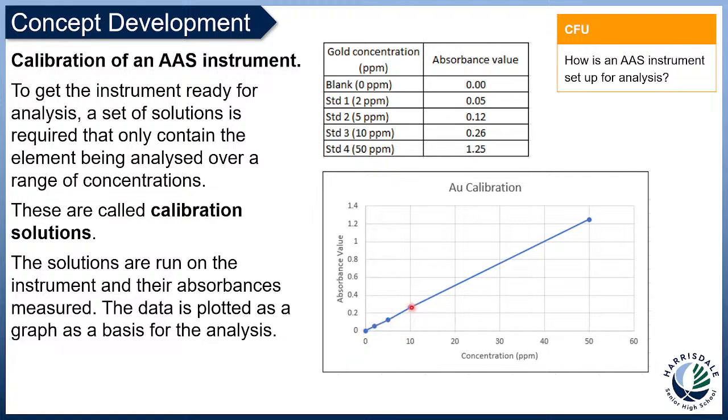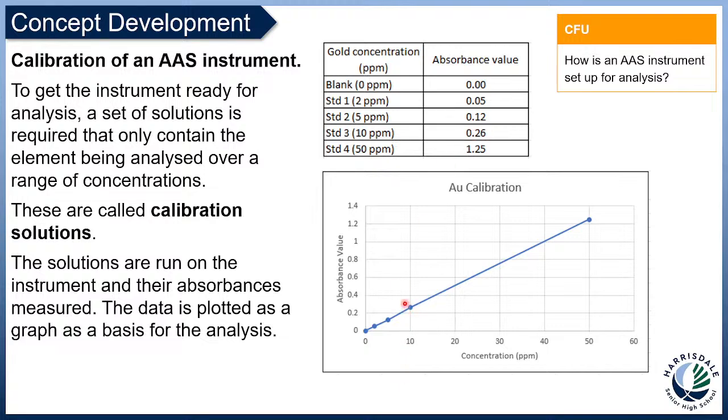But you're going to have a few points of known concentration. You know for a fact that this is 50 parts per million, this is 5 and this is 2 parts per million. And then you draw a line in between all of them. Oh wait, no, you don't draw a line between them yet. You have to put each of those solutions through the AAS machine, and it will tell you this solution has an absorbance value of, let me just go up here and see, 0.26.